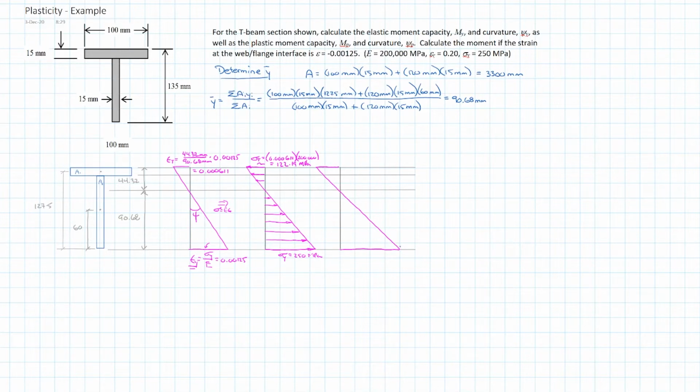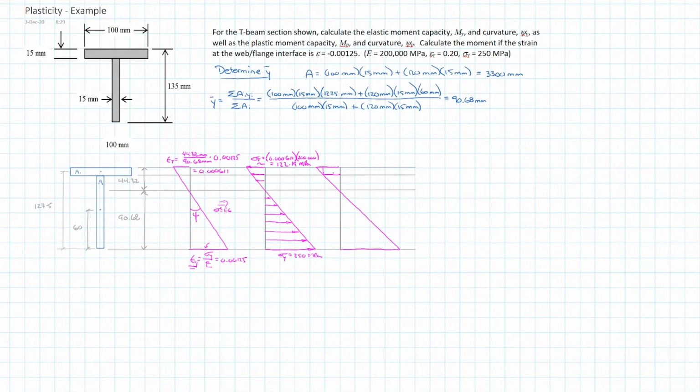So that means that I need to have different shapes above and below the flange, as well as this trapezoid we can have as a simple triangle, a rectangle. And so having done that, we have really four shapes, which will make our calculations quite easy when it comes to calculating our elastic moment capacity.